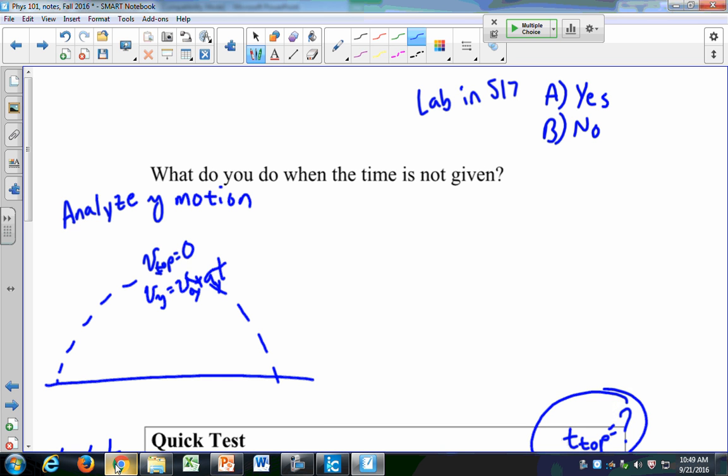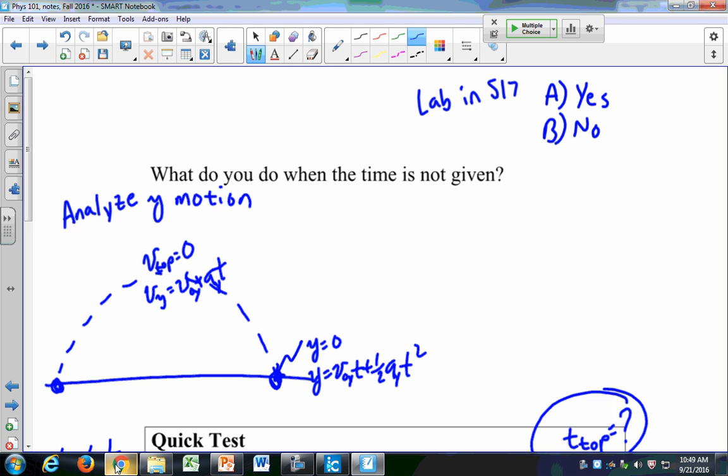Another way is that you can say y is equal to 0, and then you solve y equals v naught y t plus 1/2 ay t squared for t. Remember, we got those two solutions, where y is equal to 0 here, and y is also equal to 0 over here.